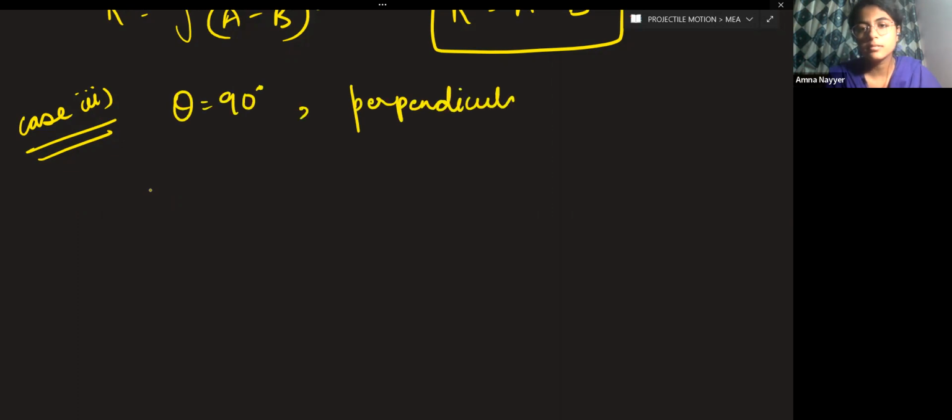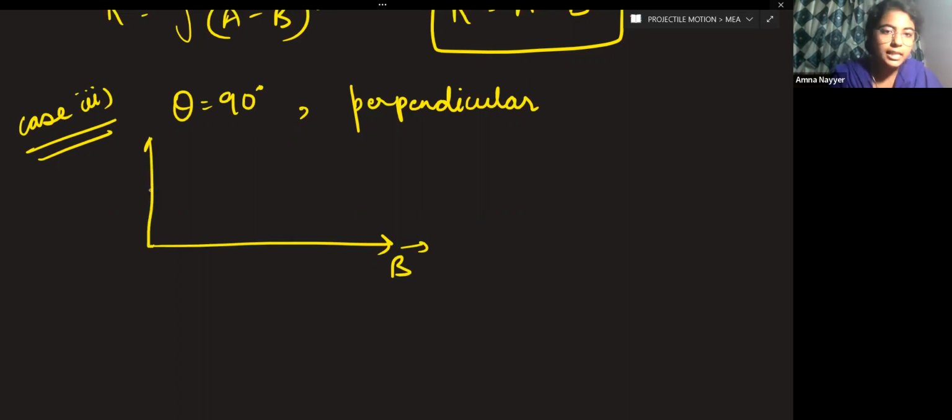Questions come from here. Case 3 is when theta is 90 degrees, meaning perpendicular. Let's say this is the B vector and this is the A vector, and both of them make an angle of 90 degrees, or pi by 2, with each other.